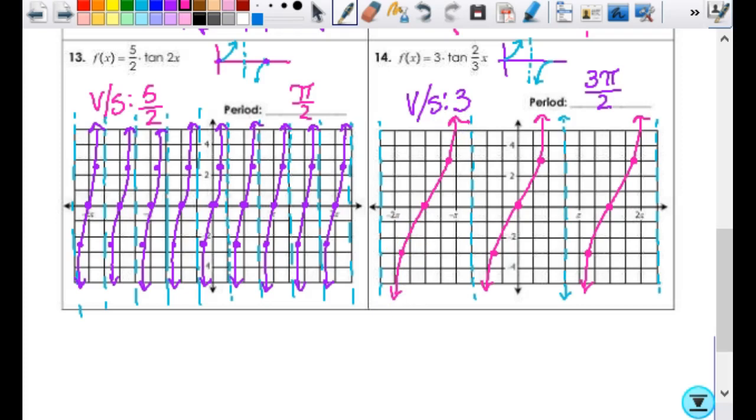Okay, once you have finished your graph, don't copy mine until you get yours done and then see if it's right. If you have any questions, let me know.